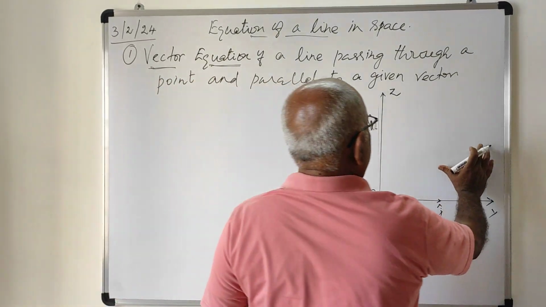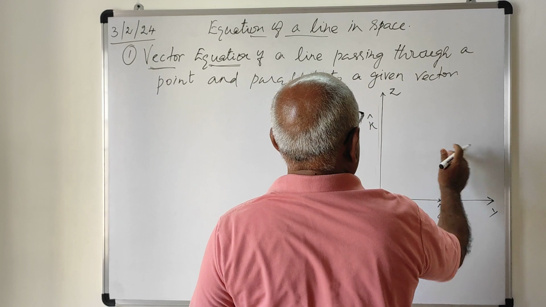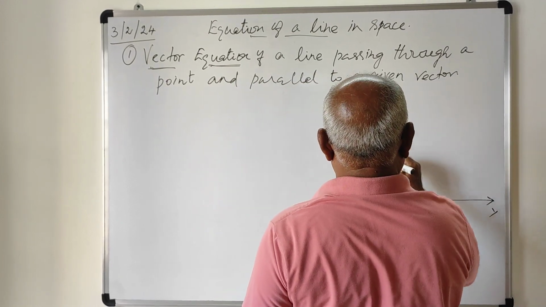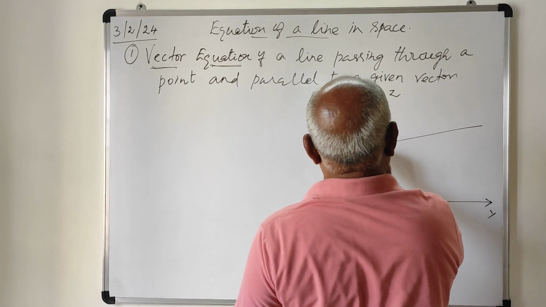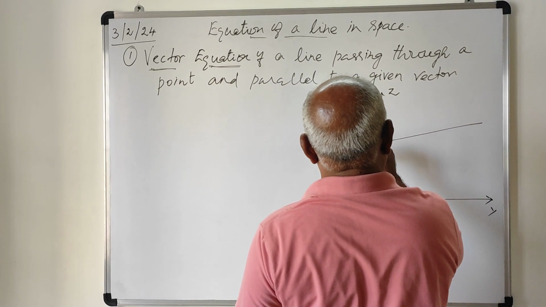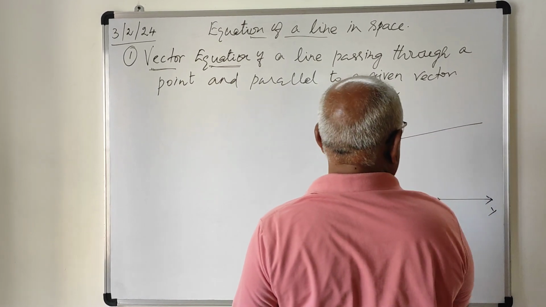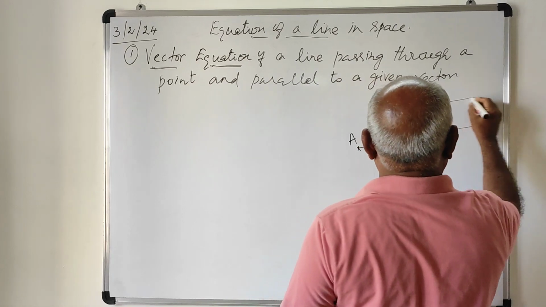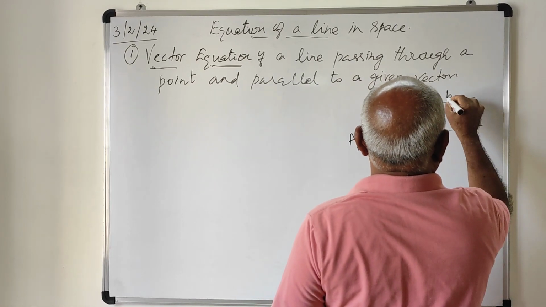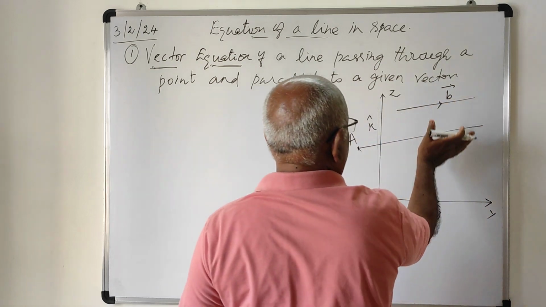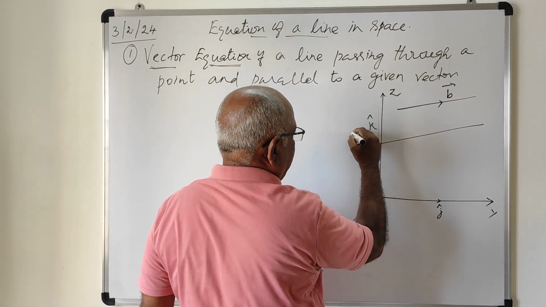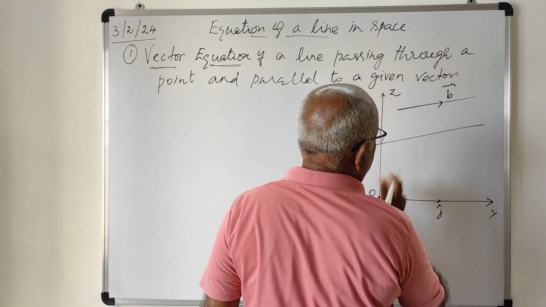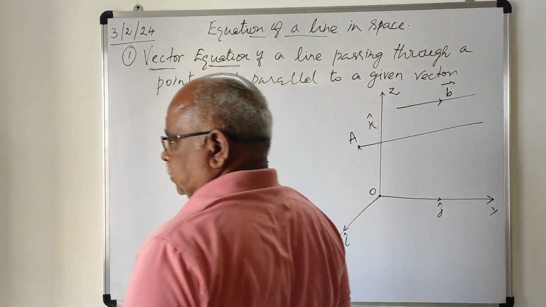Now I am going to find the equation of this line. We have to determine the equation of the line passing through the point A and parallel to the vector b.